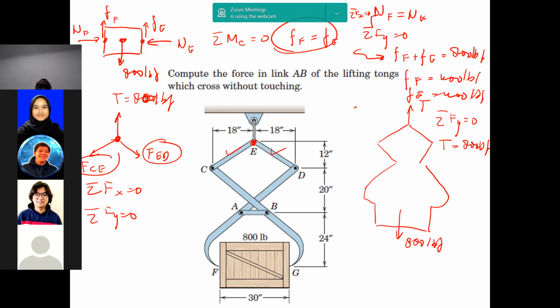Then after solving for CE, ED, and then the friction force, okay. Now can we solve for link AB then? Yes, I think. Okay, which free body diagram are we supposed to draw? CBG or DAF.